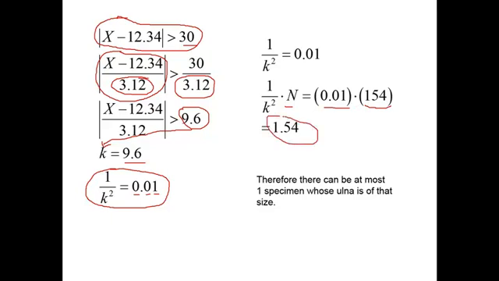This gives me 1.56. Our data must be integral. We can only have 1 specimen, 2 specimens, 3 specimens. So this says at most 1.56. It can't be 2 like we would get if we were to round it off. Therefore there can be at most 1 specimen whose ulna is of that size or bigger.